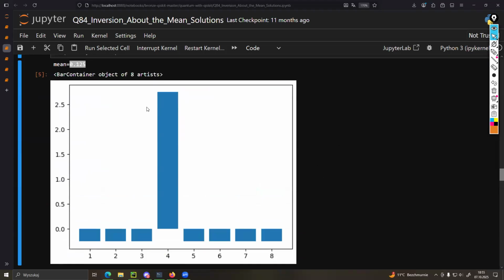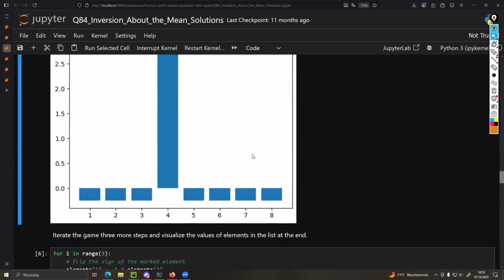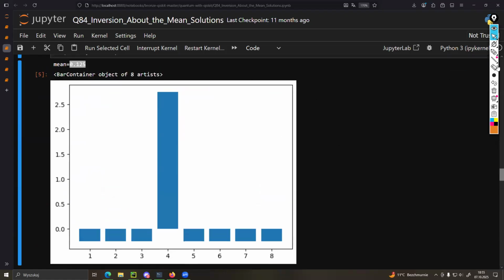So here, for example, we also have yet another operation. Recall that there is yet another thing that you would like to actually know about.